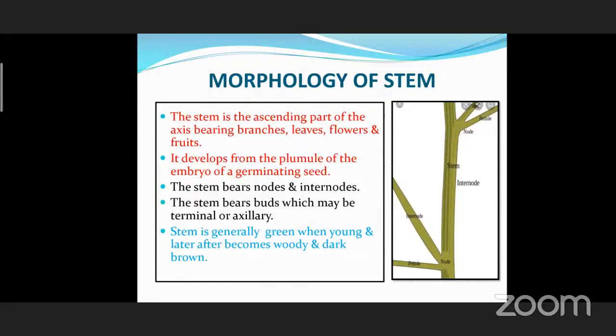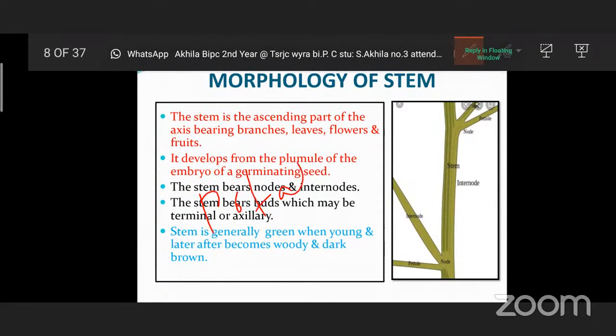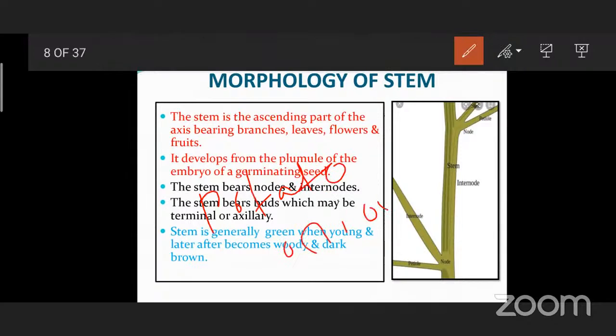For example, storage of food: potato, onion, ginger and colocasia. These are all examples of storage of food.